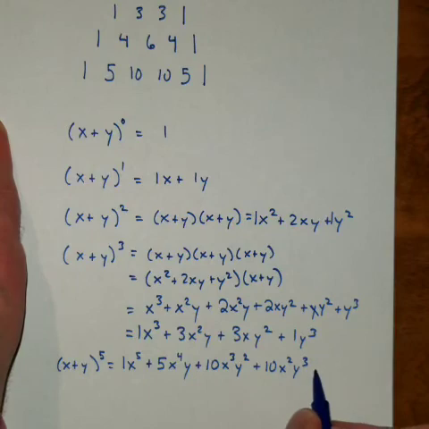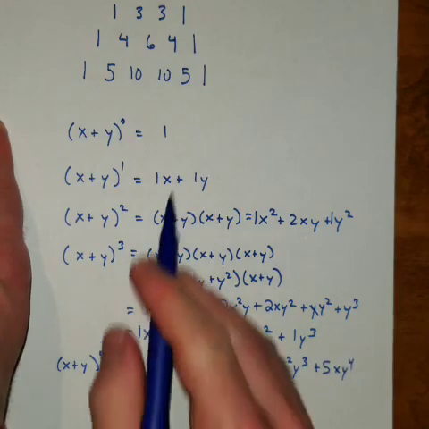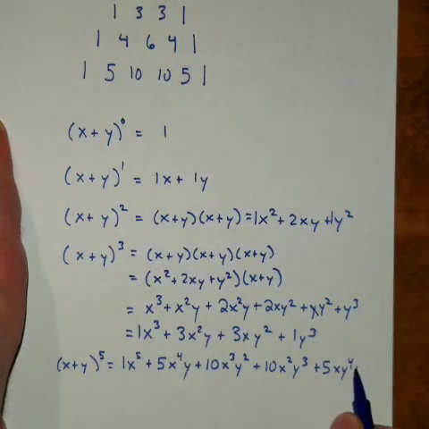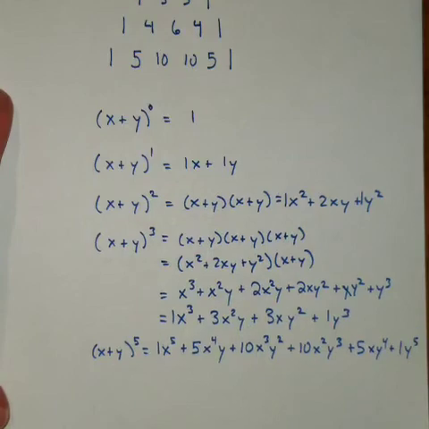Oh, maybe not. 5, drop the x by 1, raise the y by 1, and then finally a 1 on the last term, squeezing that in. Okay? So just some cool patterns show up here in these binomials.